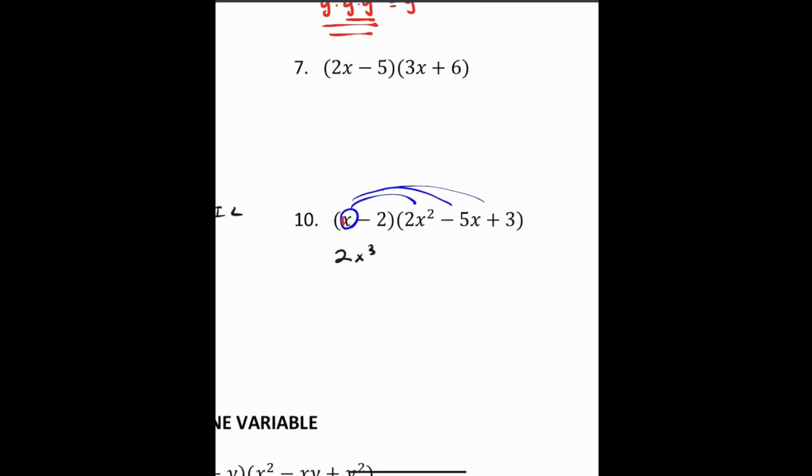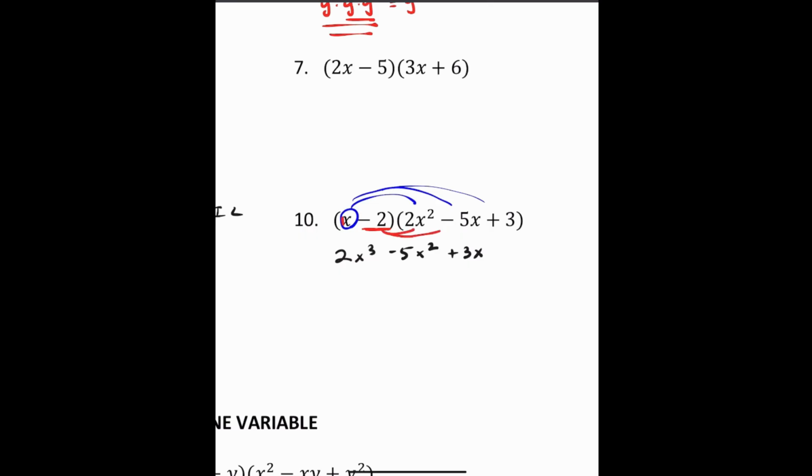Next, we have 1x times negative 5x. 1 times negative 5 is negative 5. X times x is x squared. And then 1x times positive 3. 1 times 3 is 3. But don't forget to slap on the x. And then the next thing that we have to do is look at this negative 2.